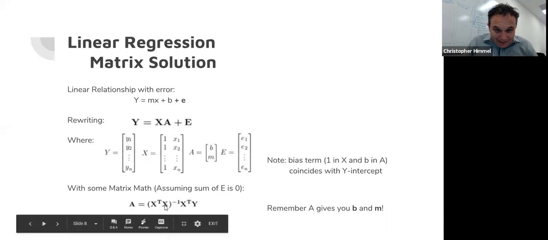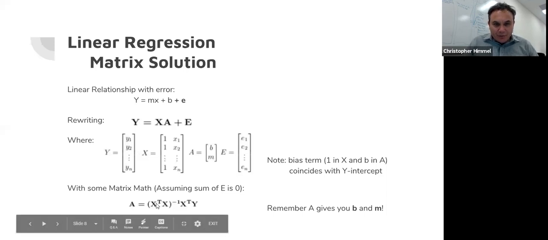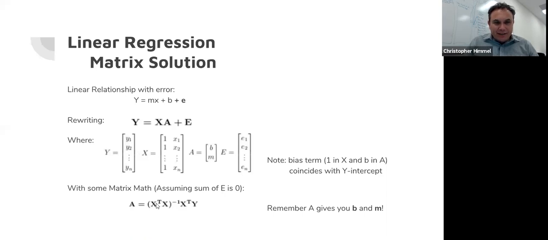Take x, you do x transpose, you multiply it by itself, you take the inverse. We talked about inverse in a previous class, how you take the inverse of a matrix. Because when you do this multiplication, you end up with, I think, a 2x2 matrix.